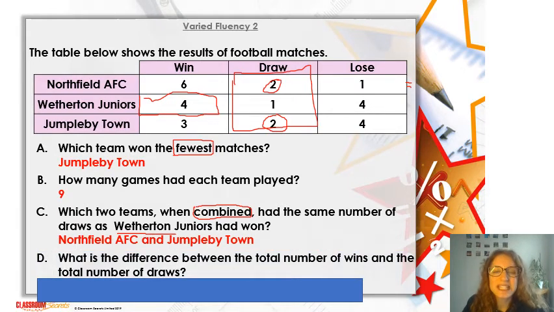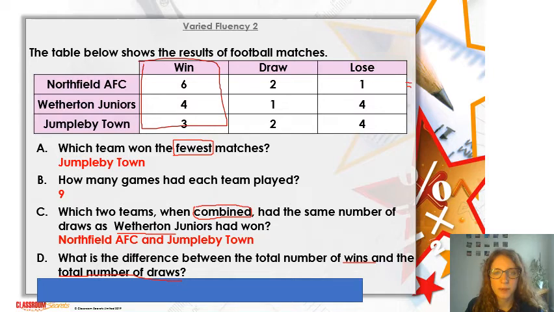Okay, what is the difference between the total number of wins and the total number of draws? Okay, so again, I'm just going to rub out these ones so they're not in our way. Okay, and you need to add up the total number in the wins column, and you need to add up the total in the draw column.